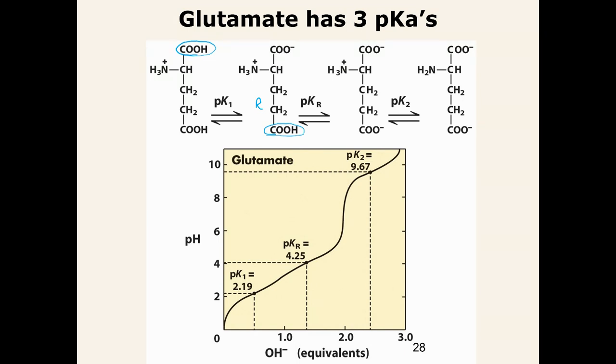And then lastly, you lose the NH3 plus, H plus. So pKa1 is 2.19. The second one is 4.25, and this one's 9.67. Do you notice though here, I know that the inflection point isn't so strong. That's an experimental observation with glutamate. The titration curve's not quite as dramatic on that first equivalence point.